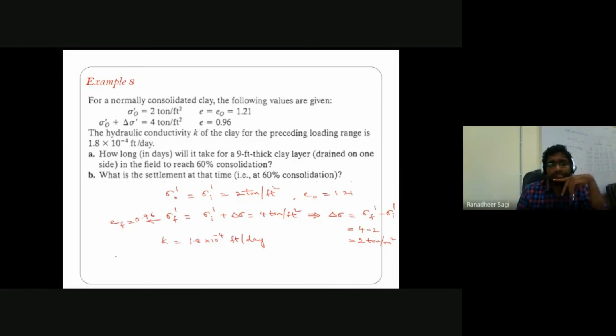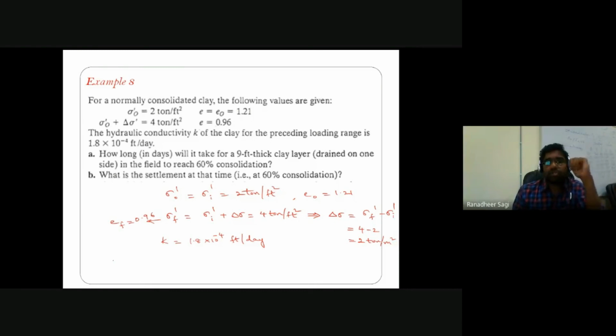We know that the degree of consolidation U is equal to 60%, which is given. So for U equal to 60%, I can find out the time factor. The time factor is known for the corresponding 60% degree of consolidation.